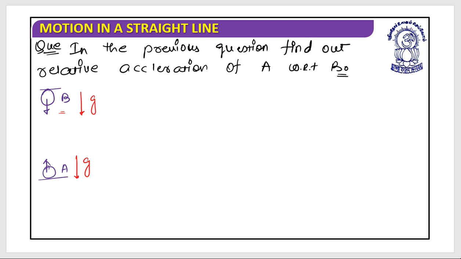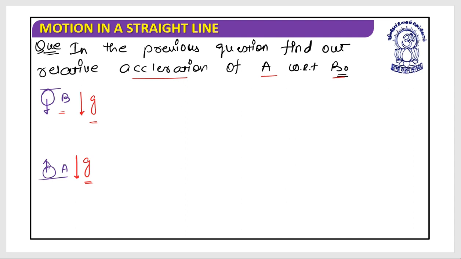Now please listen to this very carefully. I am interested in relative acceleration. So by carefully observing this, tell me whether the direction of acceleration in both the cases is the same or different. Yes, it is the same.